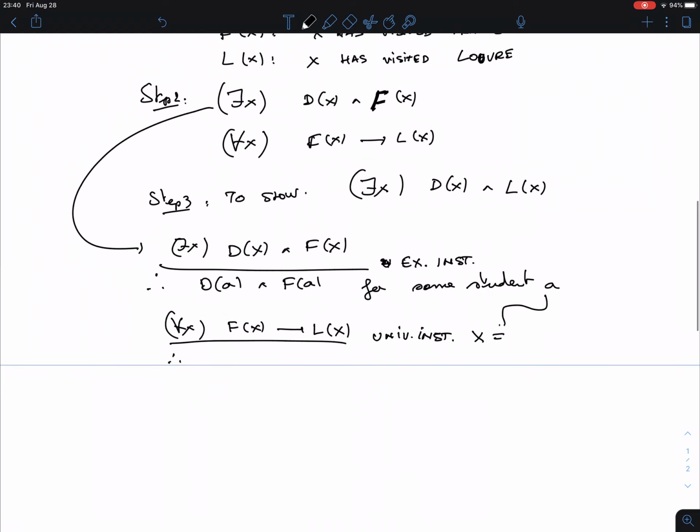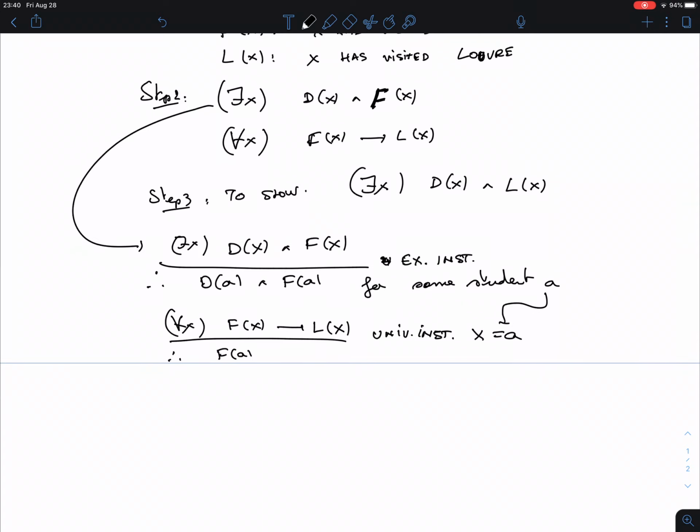I want to take this guy here, A, whoever that is. Okay, so we have F of A implies L of A. Remember, instantiation means you erase the quantifier and replace x by A wherever x is.